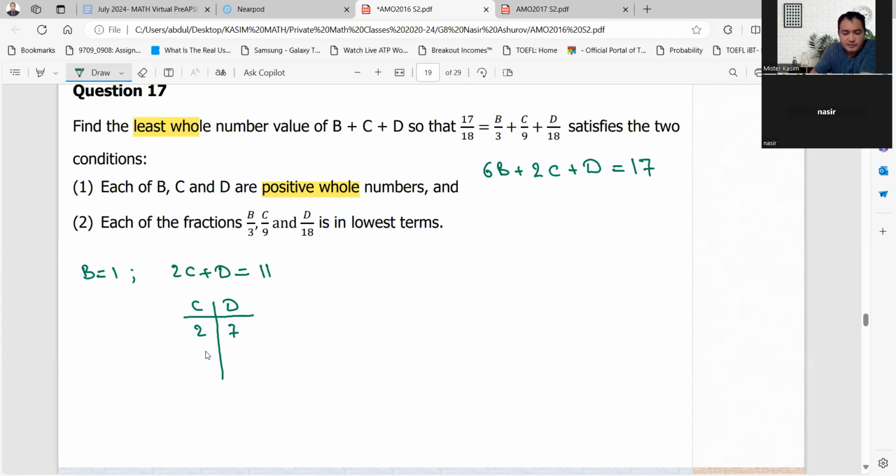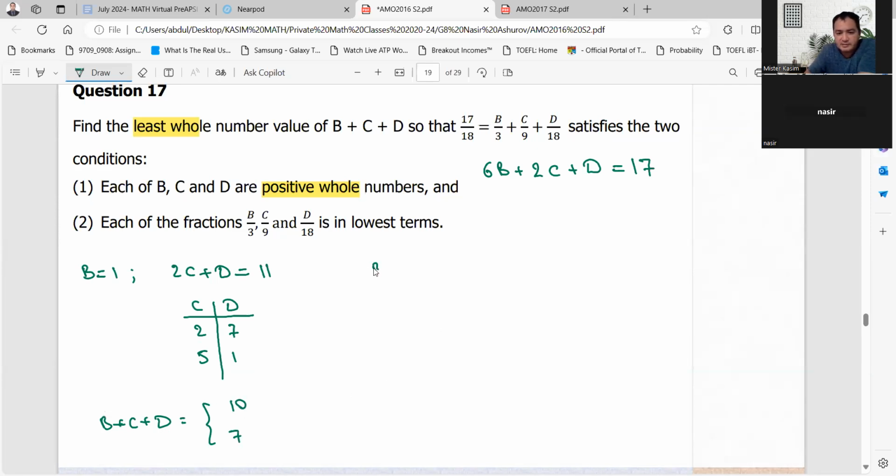It is not 3. If it is 4, D should be 3. Also, it cannot be 4. And it's 5, right? If it is 5, D is 1. In each case, then B plus C plus D, we have 3 possible answers. 1 plus 2 plus 7 is 10. 1 plus 5 plus 1 is 7.